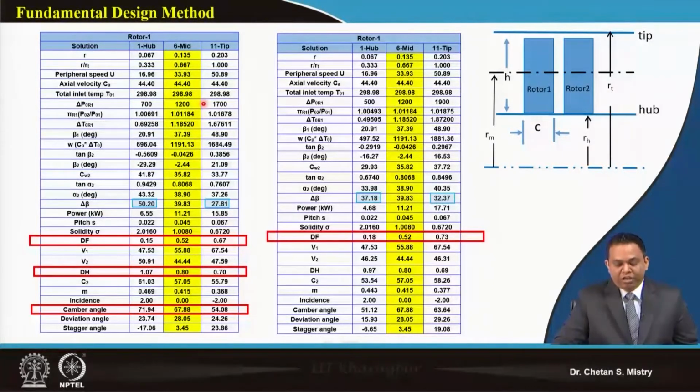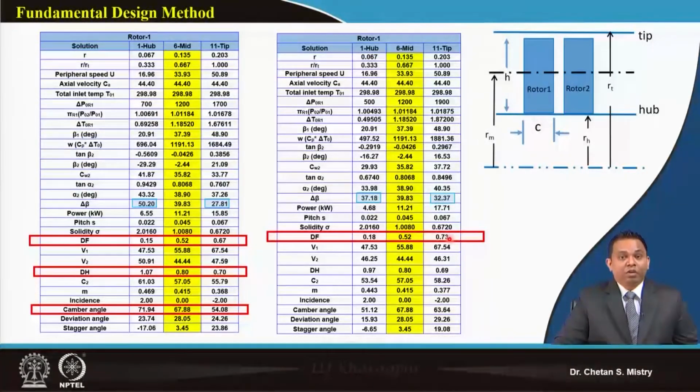Now here, compared to my earlier assumption, the diffusion factor is coming 0.18, and here it is coming 0.73. It is on the higher side. We will discuss the reason why we are expecting this to be on the higher side.